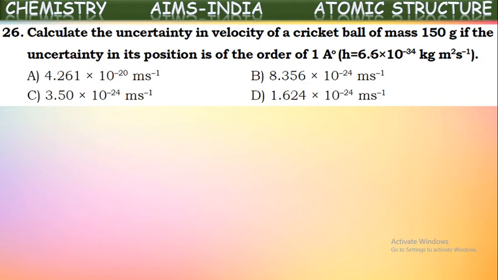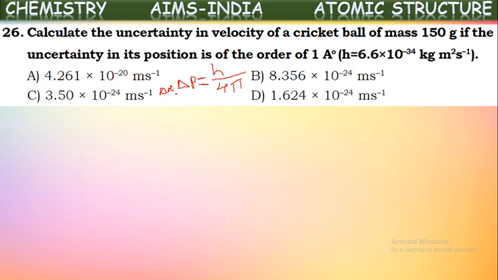According to Heisenberg's uncertainty principle, we have a formula relating these uncertainties, that is delta x into delta p is equal to h by 4 pi.